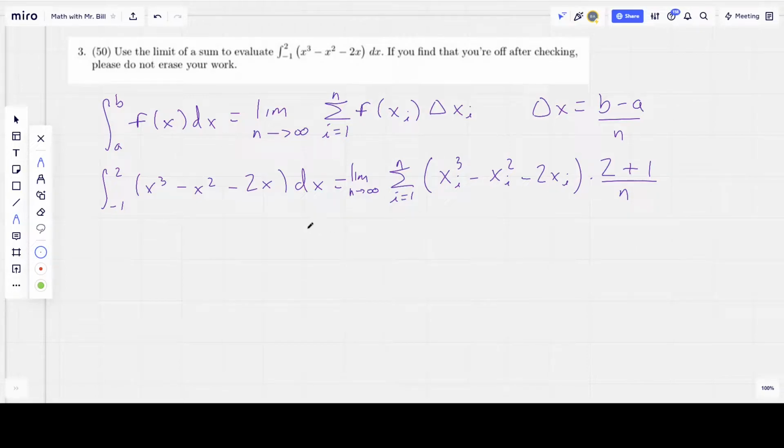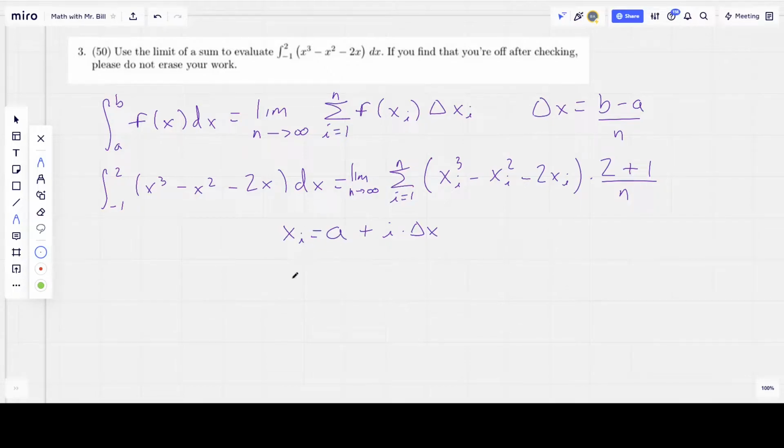But in general, the formula for your x sub i's looks like this: x sub i is equal to your initial starting point, the left endpoint of your integral, plus i times delta x. That should get you all the x sub i's. There are a lot of assumptions there, the main one being that each x sub i is the same distance from each other. Sometimes that's not the case.